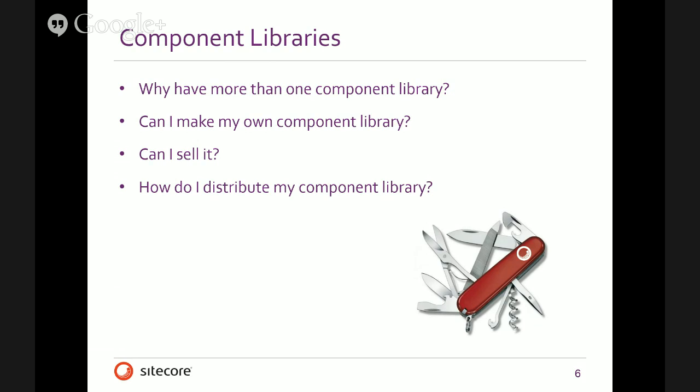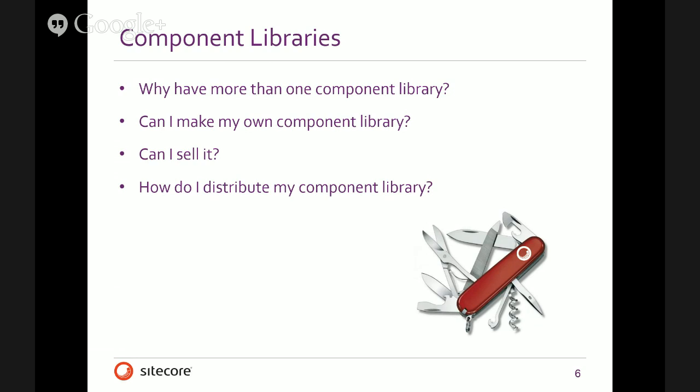So can you do your own component library? Sure. Like everything else in Sitecore, you can do your own thing. And if you've done something really great, why not sell it? Why not make some money off that? That's one of the things that I want from Speak, having developers build as many component libraries as possible so that everybody has more choice.